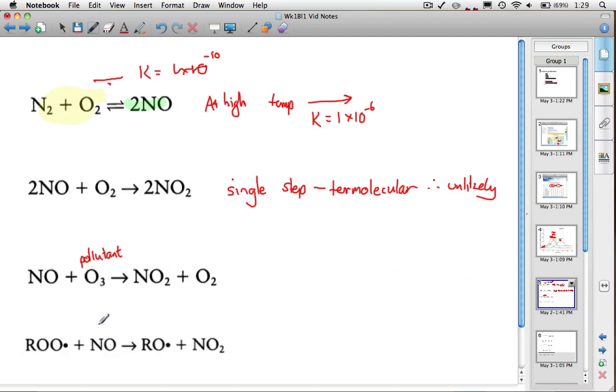The other thing that can happen is you can have NO react with this peroxyl, and the relevant thing is this comes about from the breakdown of those partially combusted hydrocarbons.